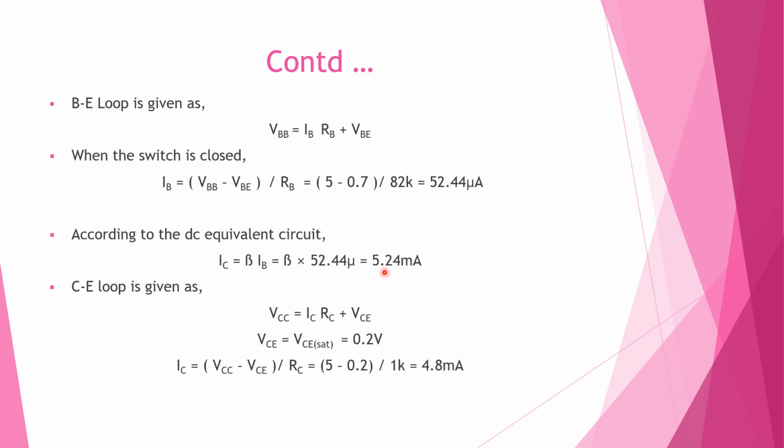When we substitute this value in the collector emitter loop KVL equation, we get VCE at a negative voltage. From that, it is understood that the transistor has gone into saturation.